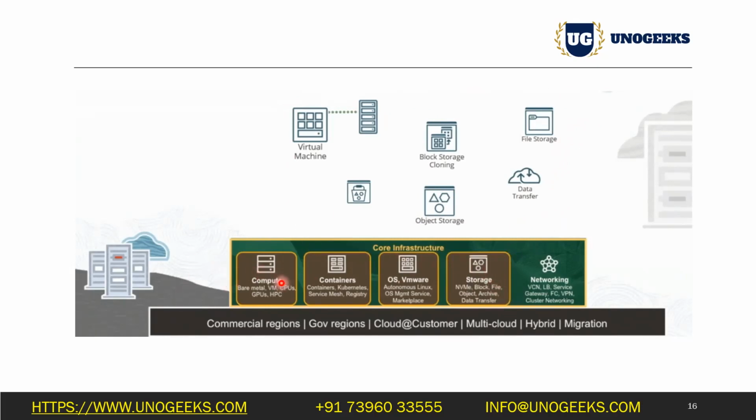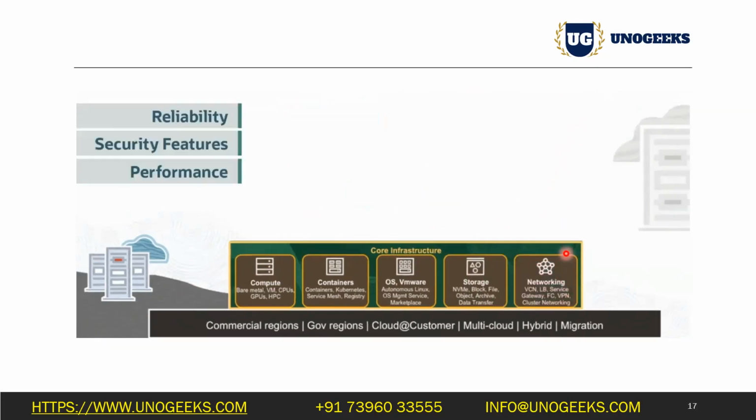So you have compute services, you have storage services, and then you have the networking services. These services let you start up your software-defined private networks in OCI. So whenever you have to create your private networks, you have the network services which you will be using.